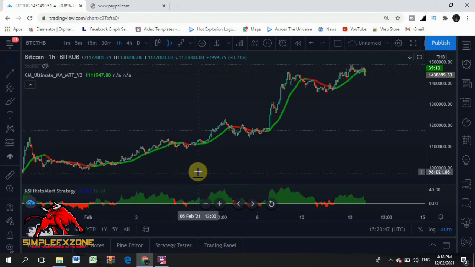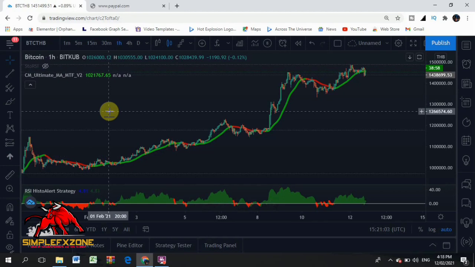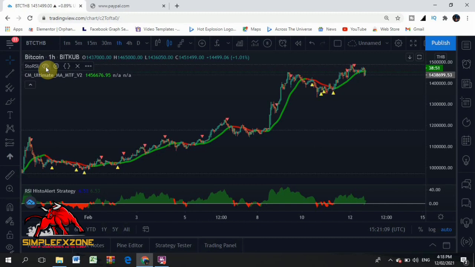And then on the main chart also, we have the 21 moving average, which we use to determine the trend. And also we can add any other indicator that we want. There is another indicator here, which is the arrow indicator.